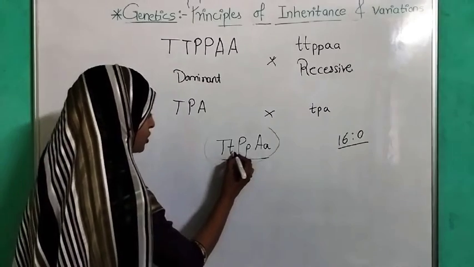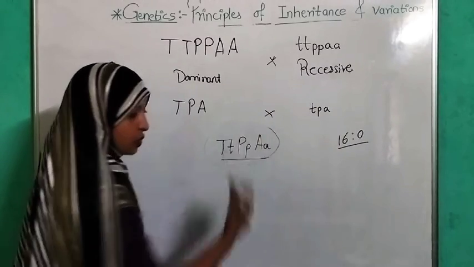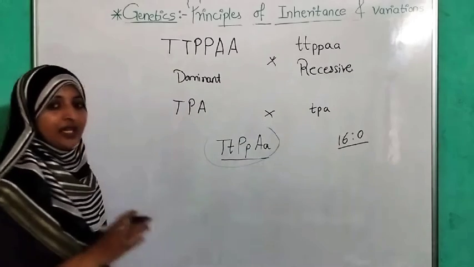Now see here, capital T small t, capital P small p, capital A small a. Here we get 8 alleles.